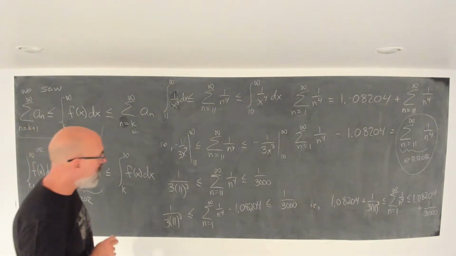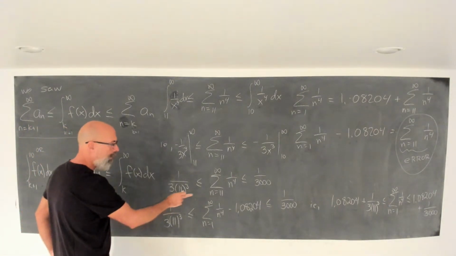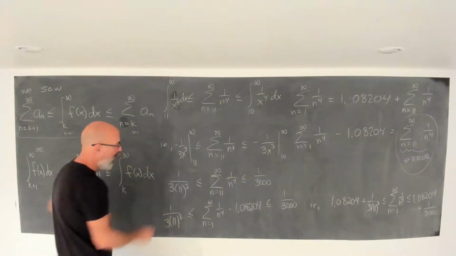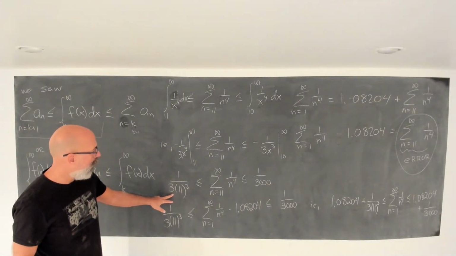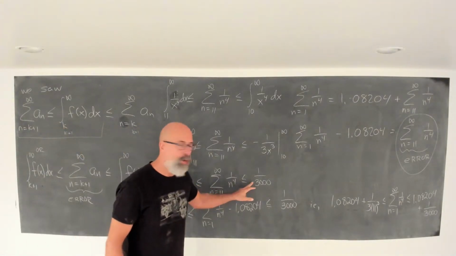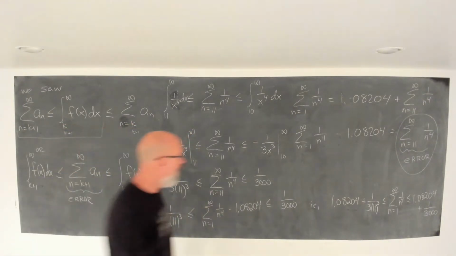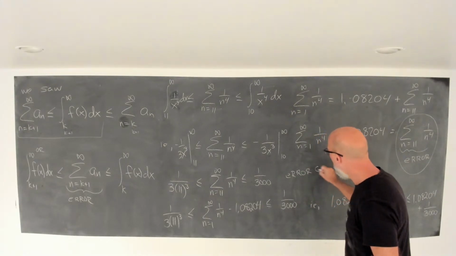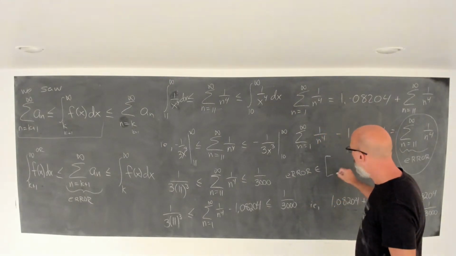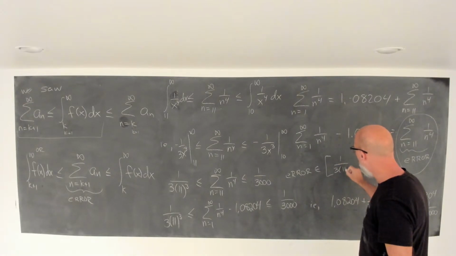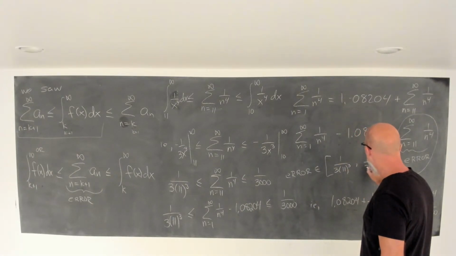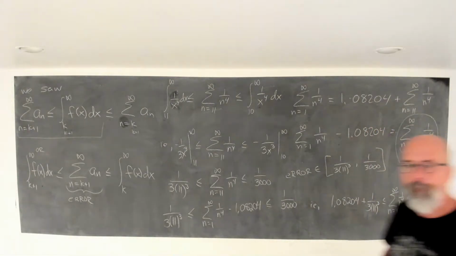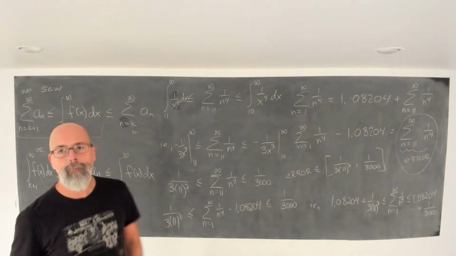So the question was asking us to estimate the error, and the answer is that the error is somewhere between 1 over 3 times 11 cubed and 1 over 3,000. Somewhere in there, we have estimated the error.